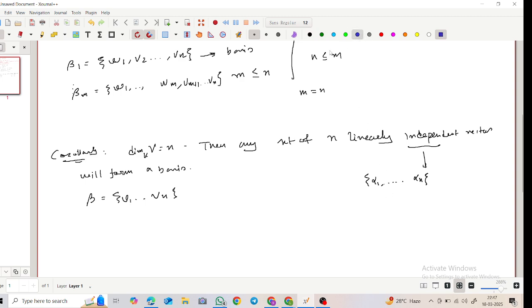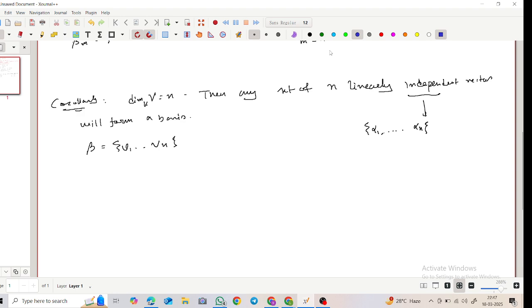So what should we do now? We will express alpha 1 as a linear combination of V1, V2 up to Vn. Yes.